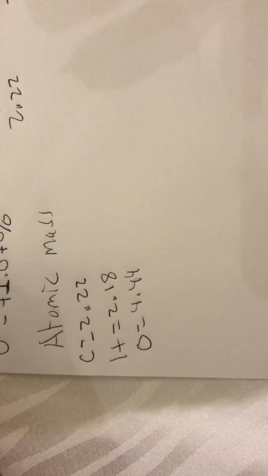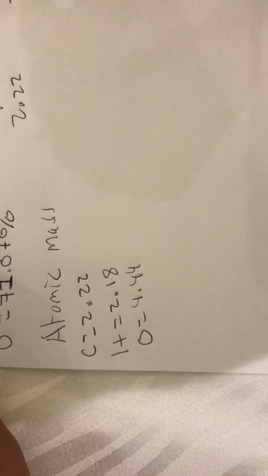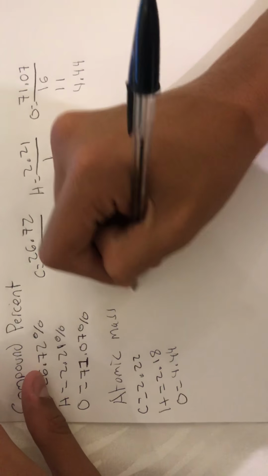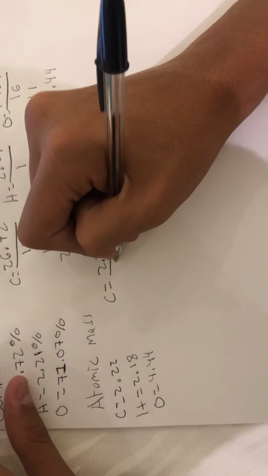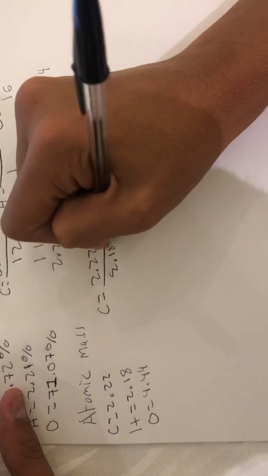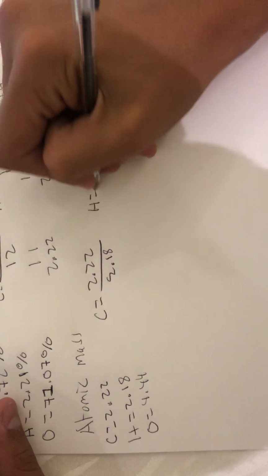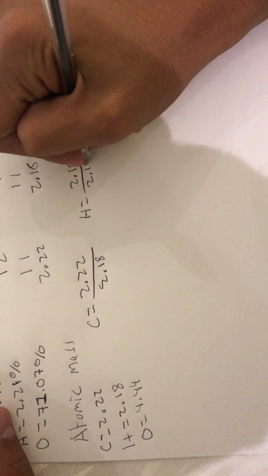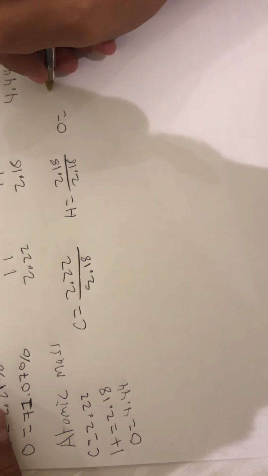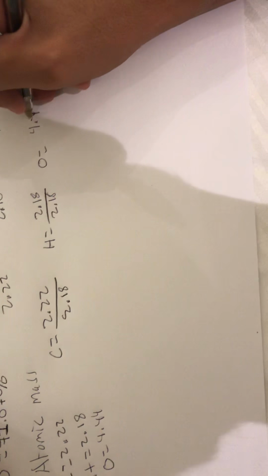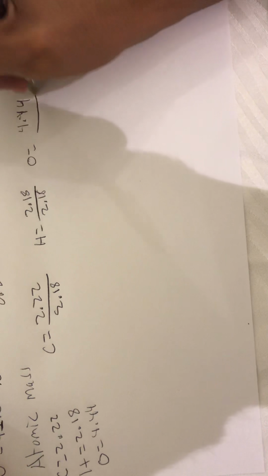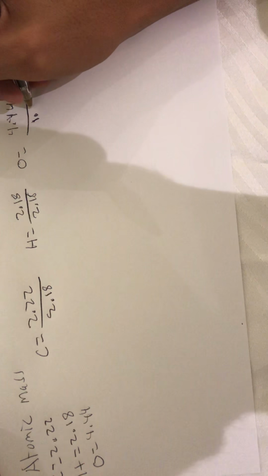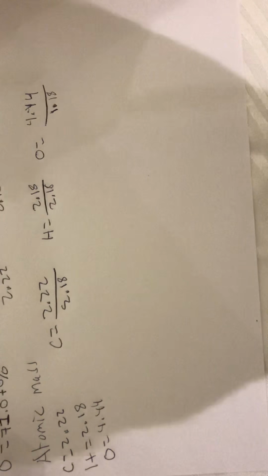So as I already told you, we divide over the smallest gram atom, which is 2.18. For carbon, 2.20 over 2.18. Then for hydrogen, the same, 2.18 over 2.18, and for oxygen, 4.44 over 2.18.